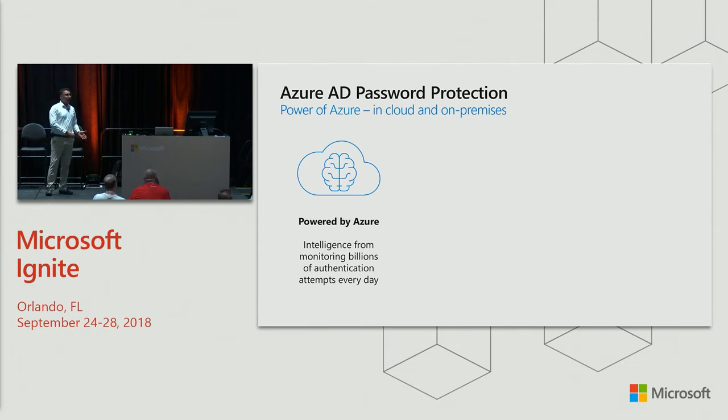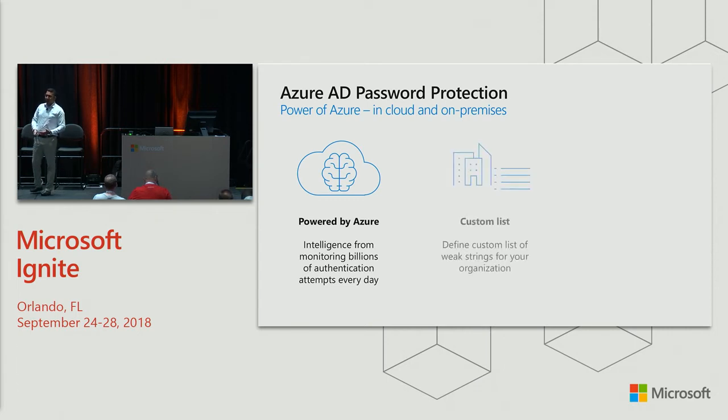Now, that's fine on a global level, but where's the contextual information particular to your organization? How can you do that? Azure AD Password Protection not only uses the Azure power, because there's some information that is unique to you. You can provide a list of strings that you think are weak from your organization's perspective.